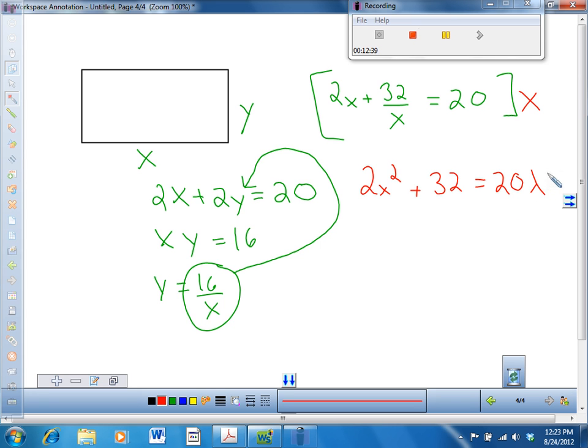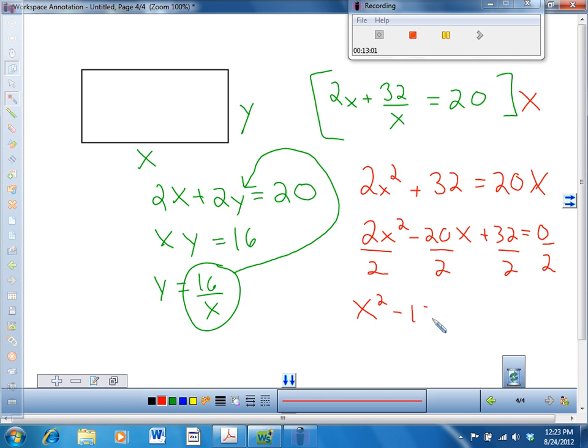And then you subtract 20x from both sides, because I'm going to try to factor this. Plus 32 equals 0. And then I'm going to divide everything by 2, because that will make my factoring easier. So I get x squared minus 10x plus 16 equals 0.